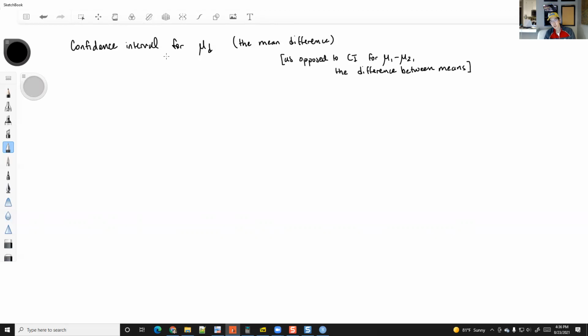We've learned how to create confidence intervals for this quantity, mu1 minus mu2, back when we did chapter 6. And today we're doing a confidence interval for the mean difference. So again, step 0, I guess, would be to find the column of differences.